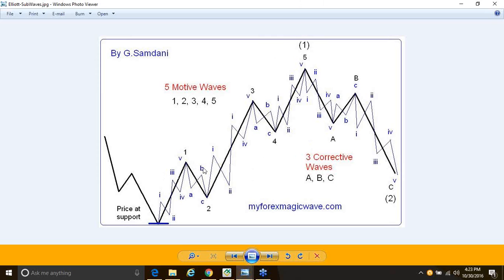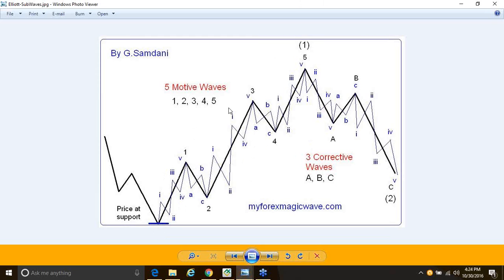These are the moves that, in history, if we go back, we see that they happen again and again in the same fashion. Based on that information, we measure them and come up with a very approximate calculation: if your wave 1 is this, then wave 2 would be this.